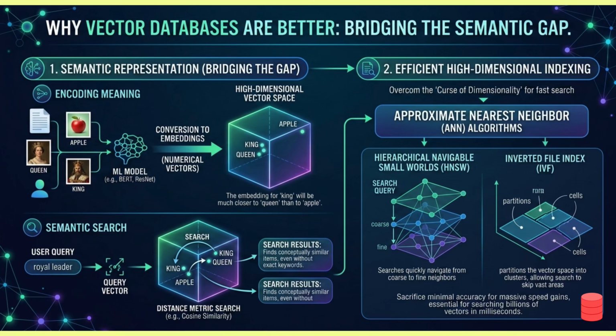This builds a graph structure where searches quickly navigate from far neighbors to find close neighbors. Then we have IVF, or inverted file index. This partitions the vector space into cells or clusters, allowing the search to skip vast areas of the space.